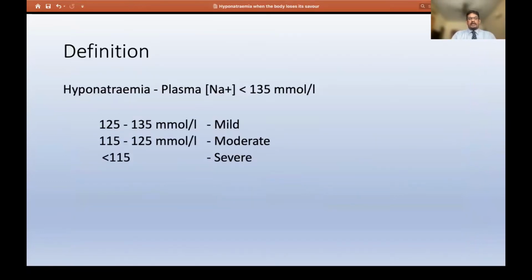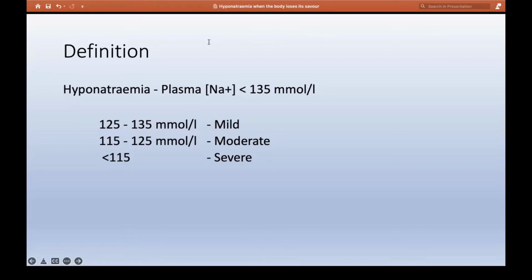So we come to hyponatremia. Hyponatremia is when the sodium level of the body is less than 135. Various literature talks about mild, moderate, and severe types of hyponatremia with regards to the sodium levels.